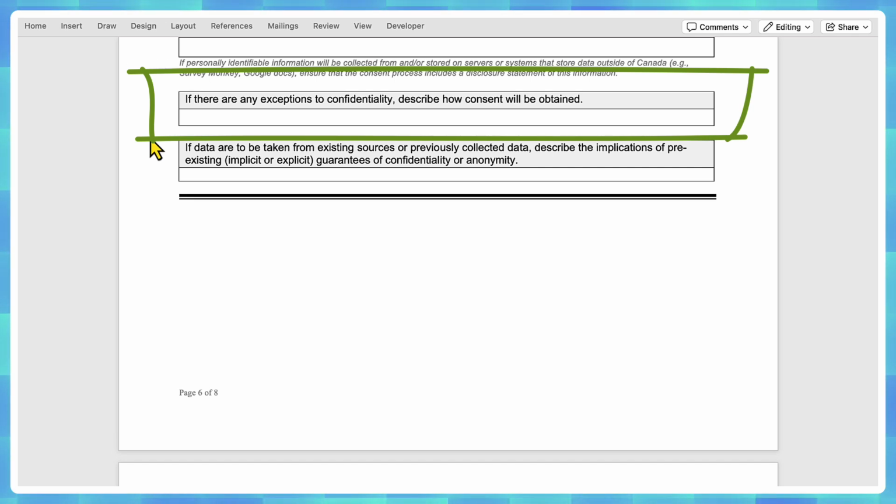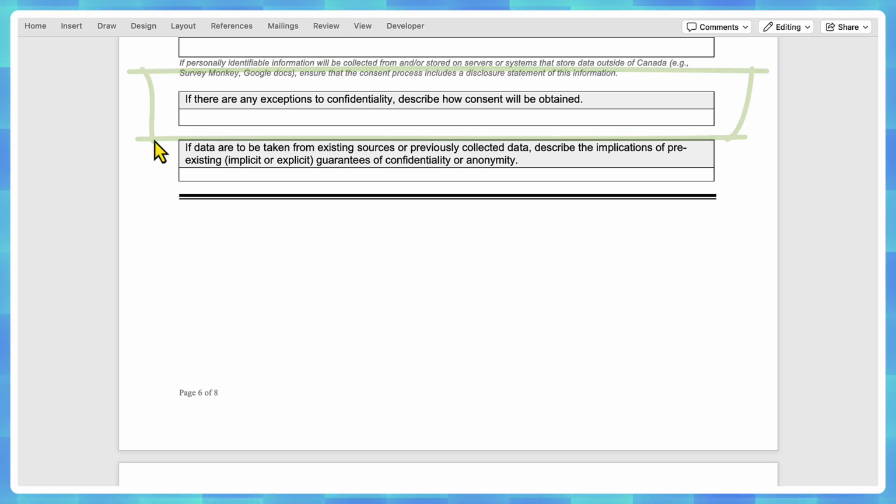So that would be one measure that you could put into place. It's just one. There are several others, but that's just a quick and easy example there.